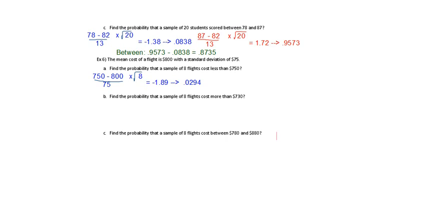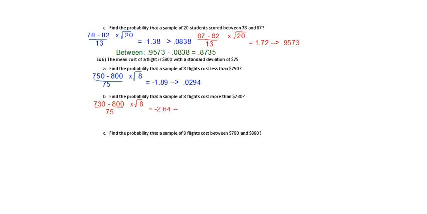Let's find the probability that 8 flights cost more than 730. Okay, so we'll do 730 minus 800 divided by 75 and times the square root of 8. If you put that in the calculator, the z-score is going to equal negative 2.64.